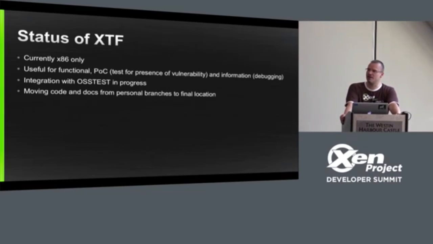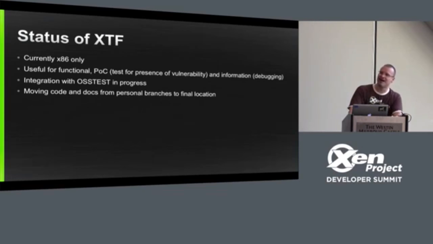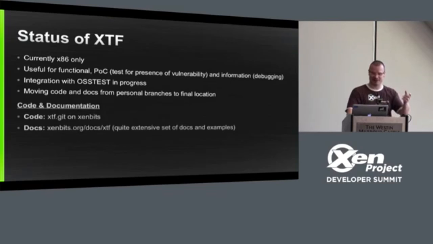Currently, we're integrating it with OSS test, so the patches have been posted, and I think the XTF repo is being created already on xen.git. And we're moving the documentation to a better place. Oh, that's done as well. Cool.